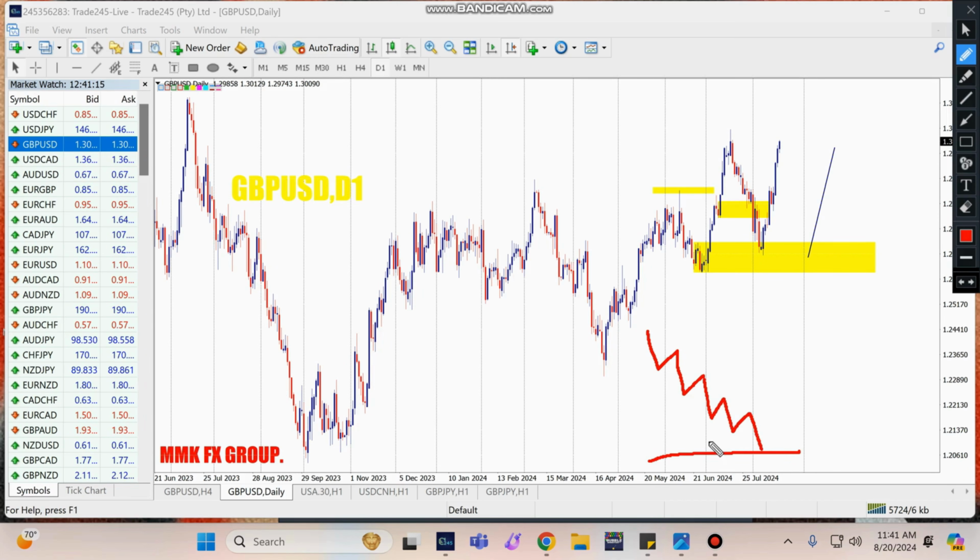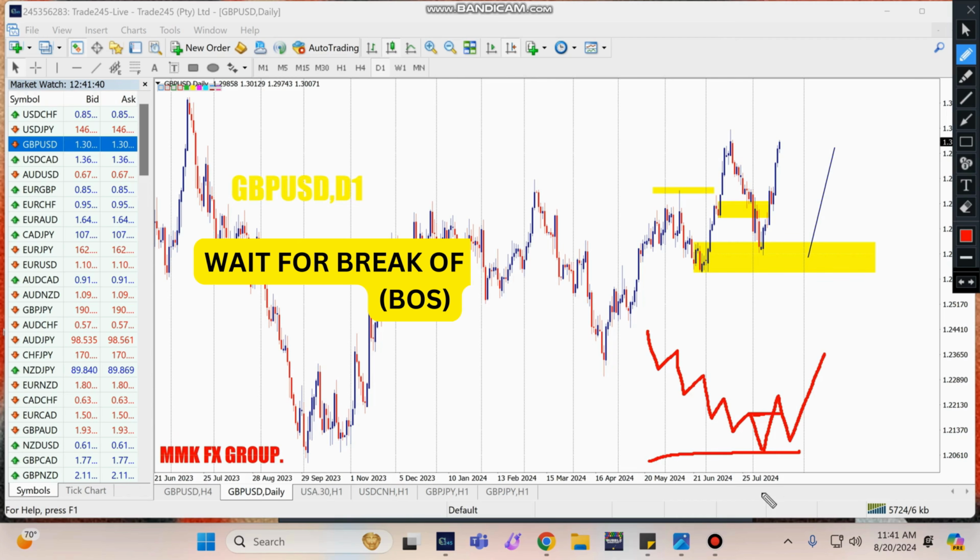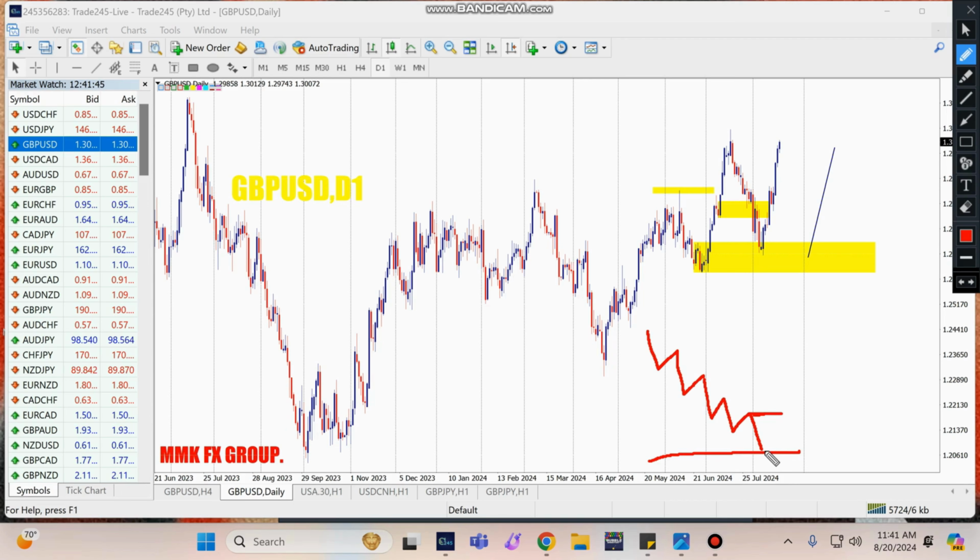The only time that I am sure that this is a valid order block, or an area where price can actually move away from, be it a demand area or supply area, is when I see price move away from the demand area and break the structure. These highs are very important for me, because then I can look for trades or setups to the upside.